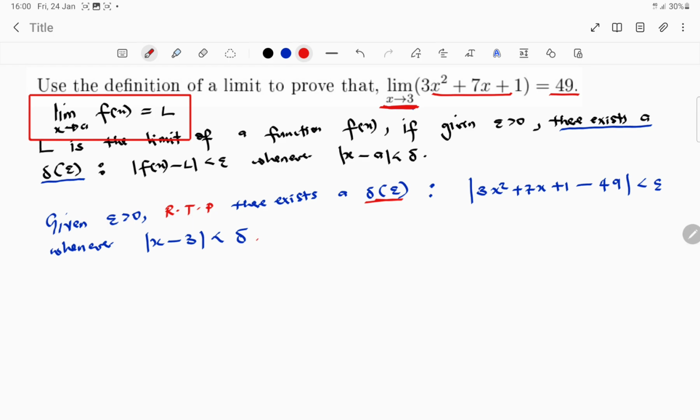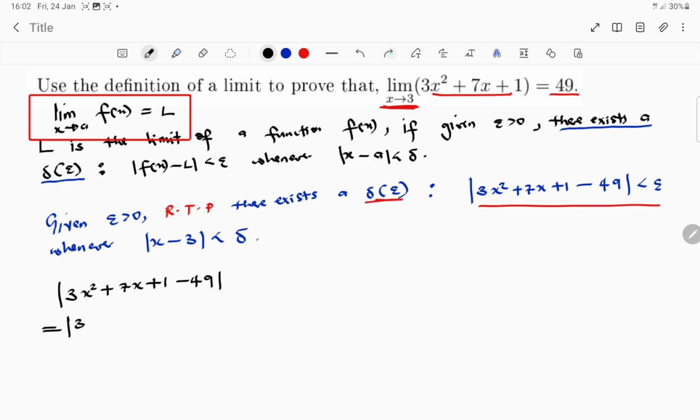So for us to start the proof, we have to start with this part. This part will allow us to get to the delta which depends on epsilon. But for us to attain that, we need to bound the function which we get here. So we have 3x squared plus 7x plus 1 minus 49.